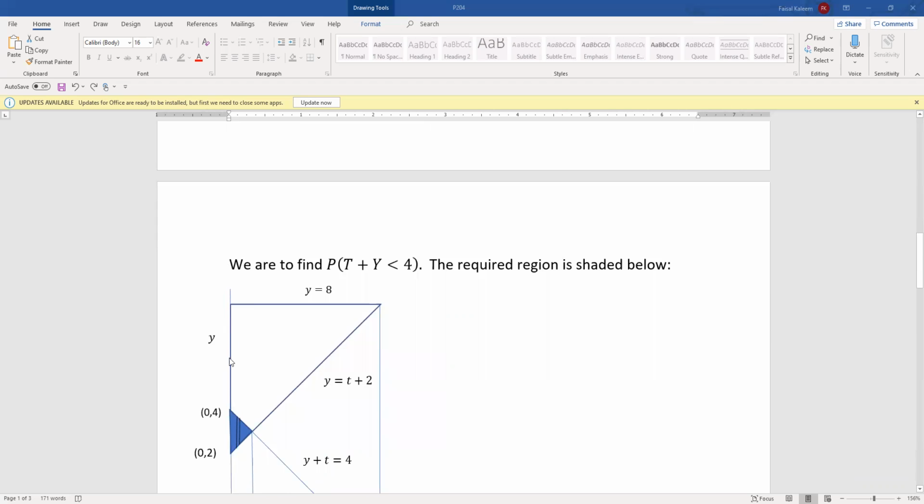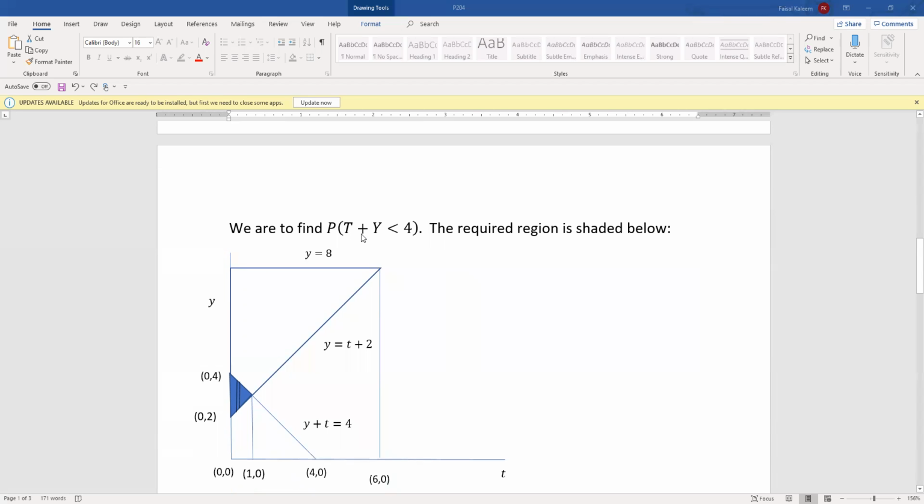So this big triangle here is the total region for the joint PDF. When we draw the line t plus y equals 4, both intercepts are 4. So t plus y less than 4 is the region below this line. But this region is not part of the whole PDF. Only this triangle is part of the whole PDF.